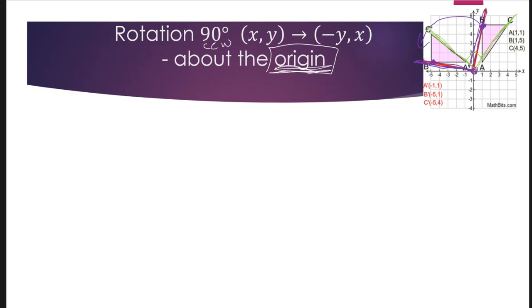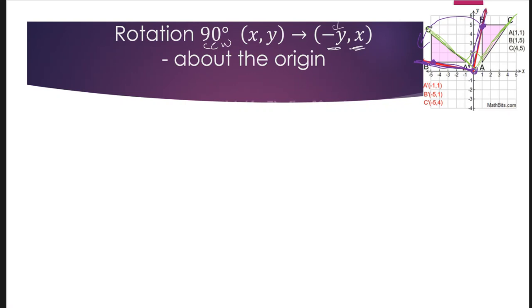So this is what the rotation is doing. And the rule is going to be, as you can see here, that the x and y switch places, and the original y is going to change signs.